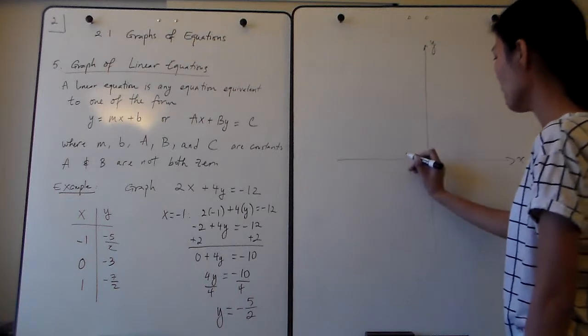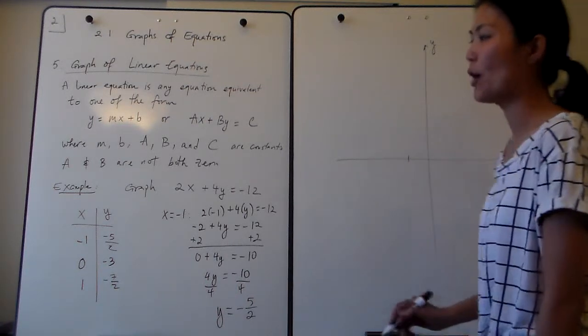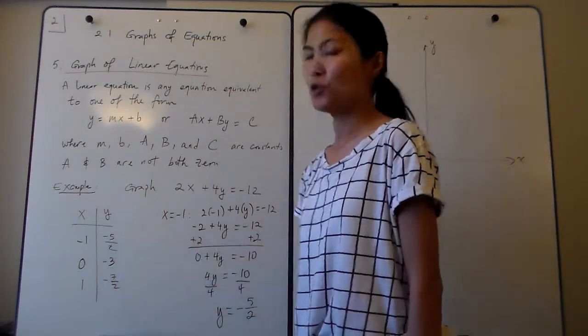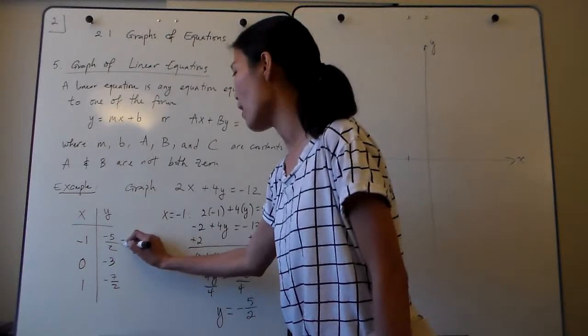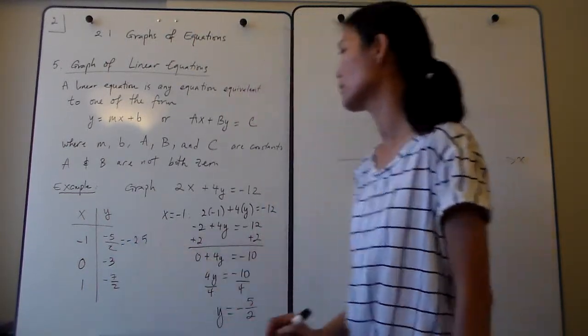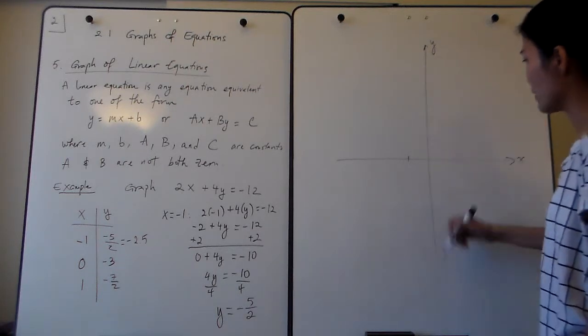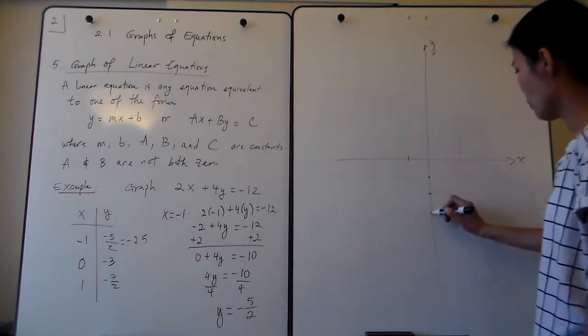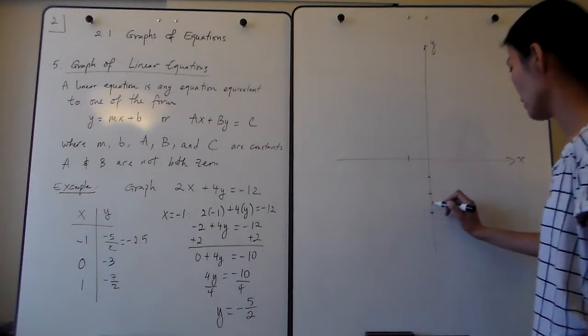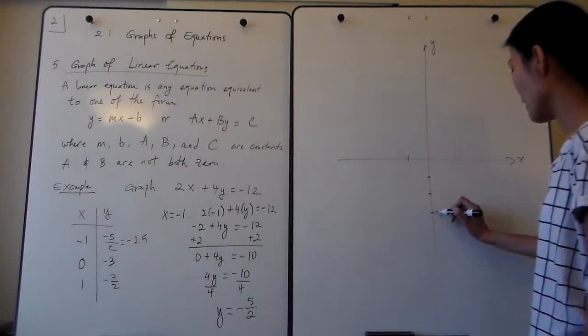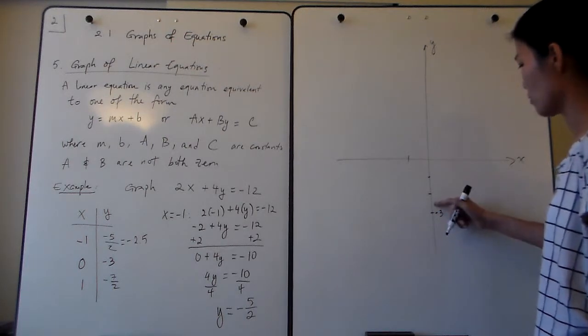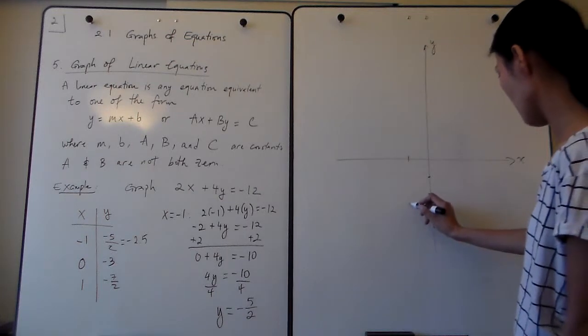When x equals -1, y equals -5 divided by 2, which is -2.5. Okay, so if it's negative for y, you're going down 2.5 units, somewhere here. If I call this -3, then 2.5 is somewhere between.